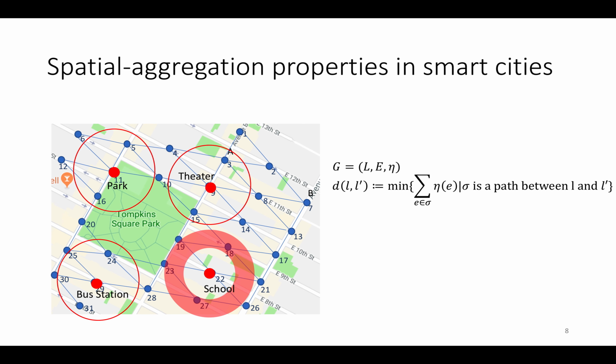So to deal with that, we first abstract the city spatial domain into a graph, with all locations as the set of nodes and the direct connections between them as the edges.